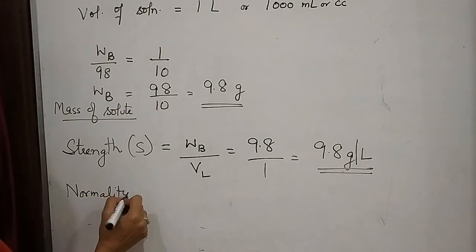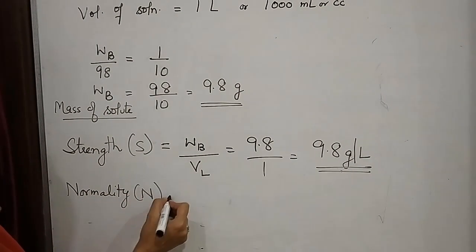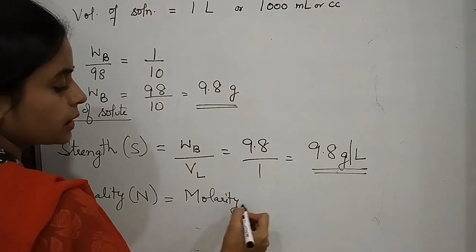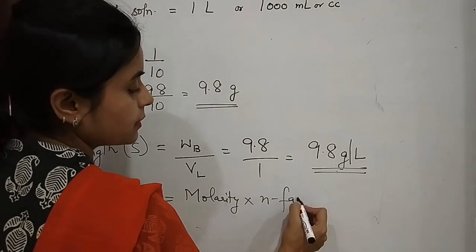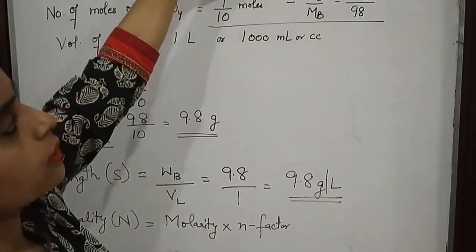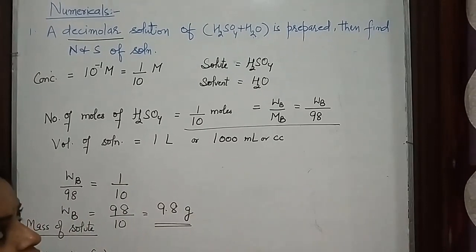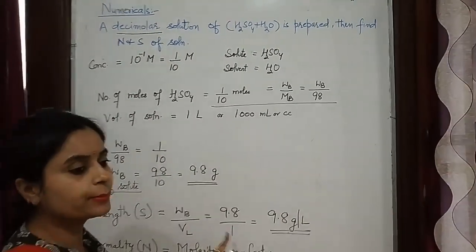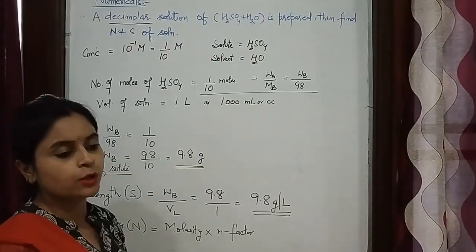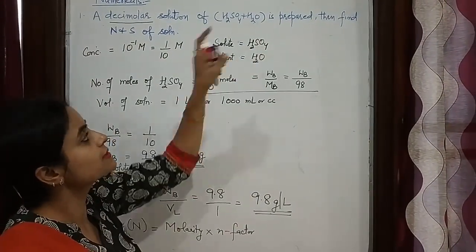I told you the shortcut formula: normality is equal to molarity into N factor. And in this case, because the solute is H2SO4, its N factor is equal to the number of H+ ions given by this sulfuric acid, or you can say the basicity of sulfuric acid.